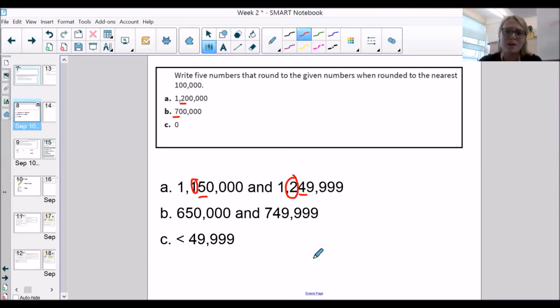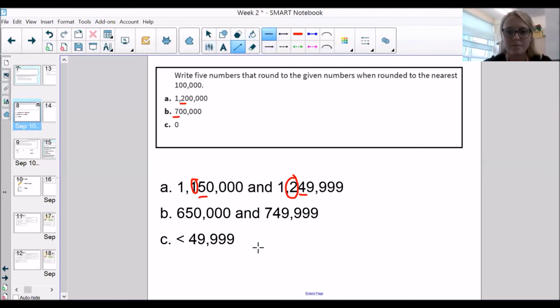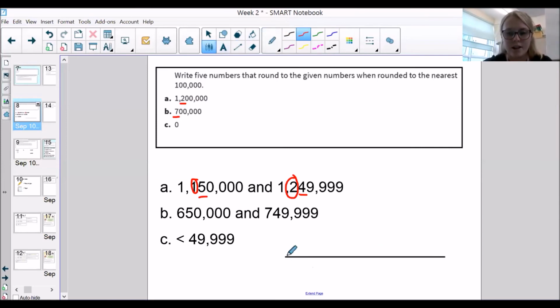Okay, so for the last one, because we had 0 as our answer, we didn't have a 100,000s digit to use. So what I thought about here was if I had a number line, and I had a 0 here and 100,000 here, because that is the first 100,000 if we were counting in 100,000s, I wanted to think about what number would be in the middle between these 2 numbers as our midpoint.